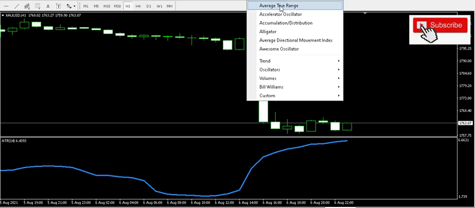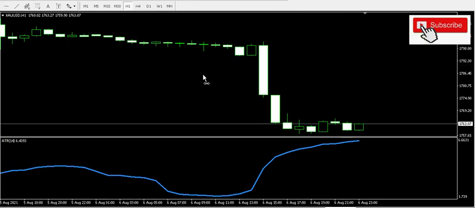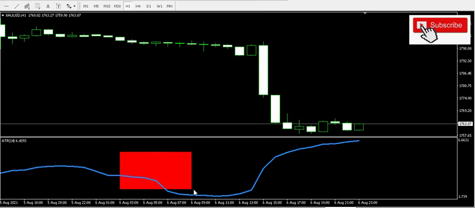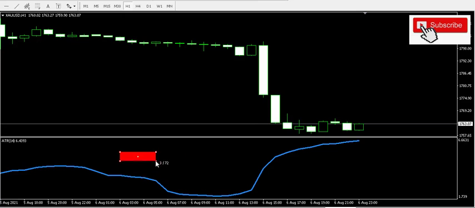Of course, you can get it from the indicator list on your mobile phone. Once you have installed the ATR, this is the ATR indicator window.